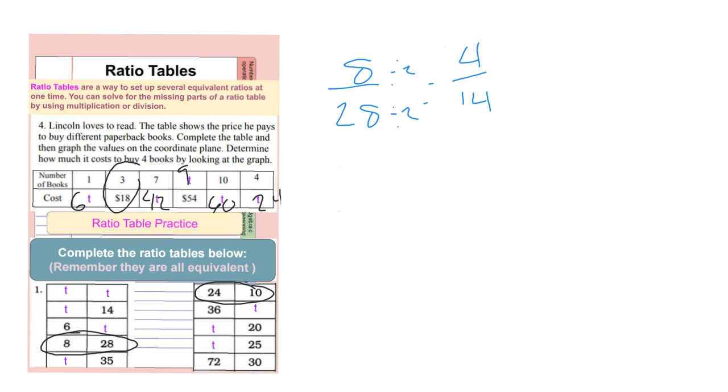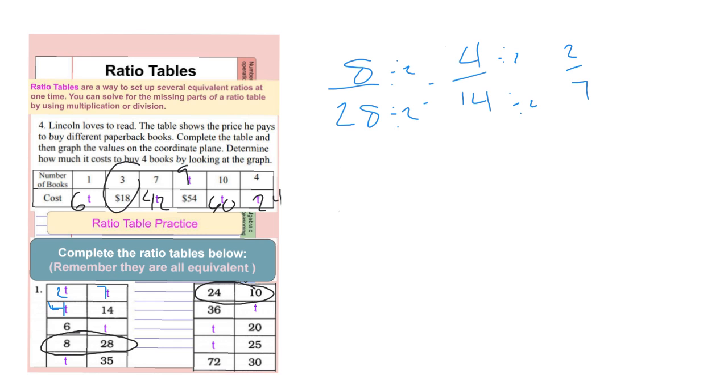So the first thing I did was I took 8 and 28. I divided those both by 2 to get 4 and 14. So that means with my 14 down here, I would put 4. Okay, I'm going to divide these by 2 again. And I'm going to end up with 2 and 7, which is my next missing one.